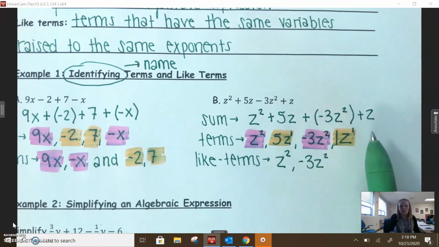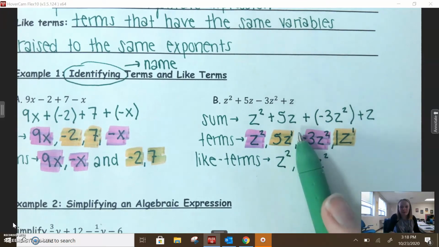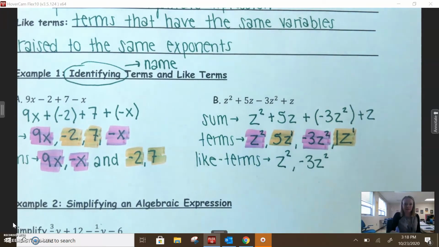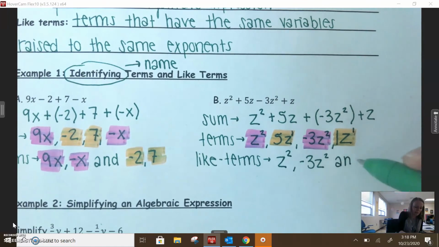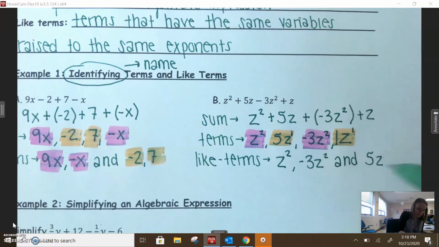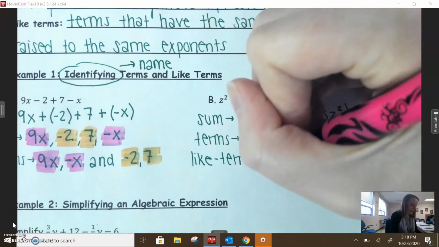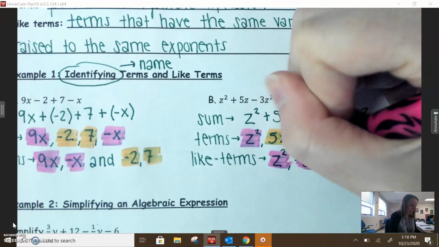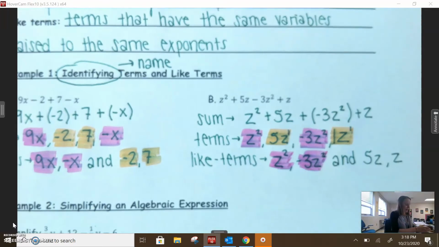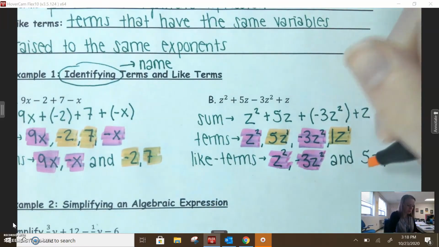So even though we don't really write the exponent of 1, we could say that there is technically an exponent there. It's just not seen. So 5z and z are also a pair of like terms. So once again, I just basically combined my 2 pinks in a pair, and I wrote out my 2 oranges in a pair.